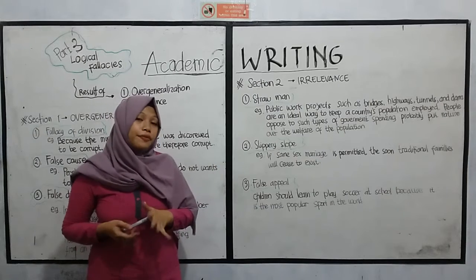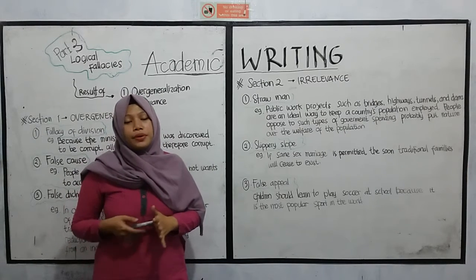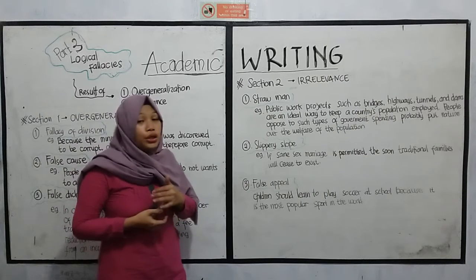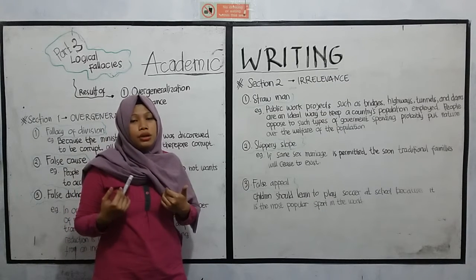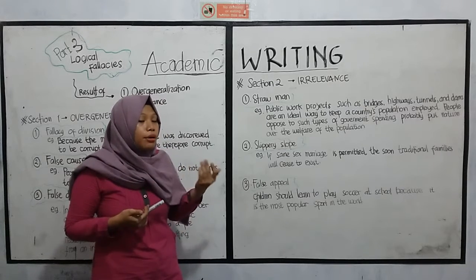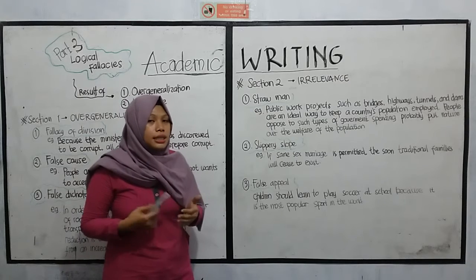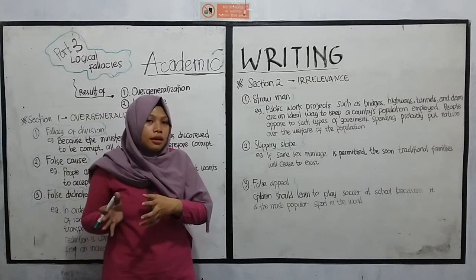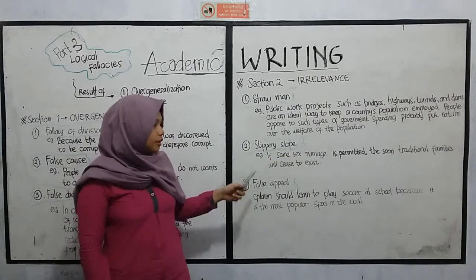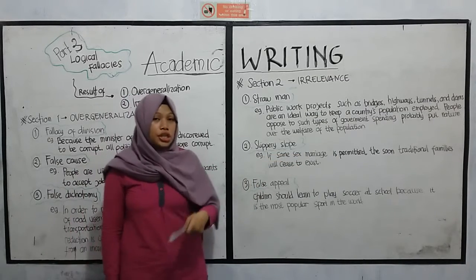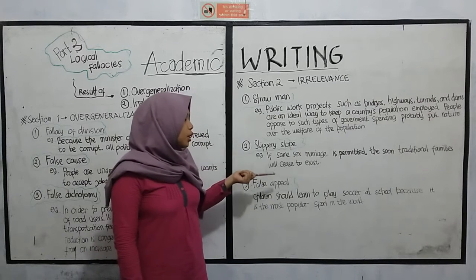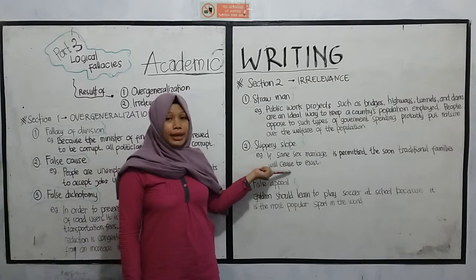The second is slippery slope. Slippery slope is when an argument assumes that an event occurring will inaccurately or inevitably lead to a number of other things occurring. It's like one thing causes another. For example, if same-sex marriage is permitted, soon traditional families will cease to exist.